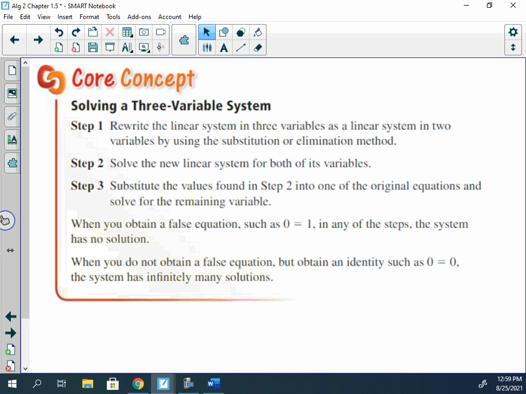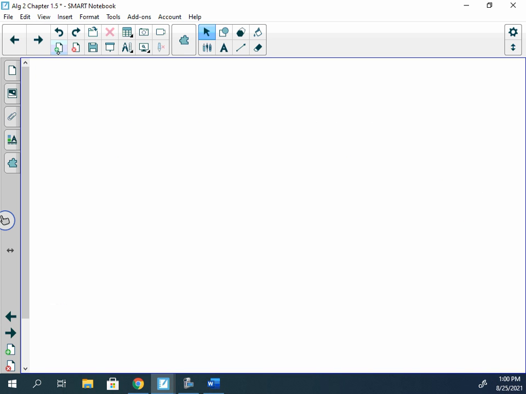Solve the new linear system for both of its variables. Substitute the values found in step 2 into one of the original equations and solve for the remaining variable. Okay, that's all fine and dandy, but let's put it in a way that we can better understand.